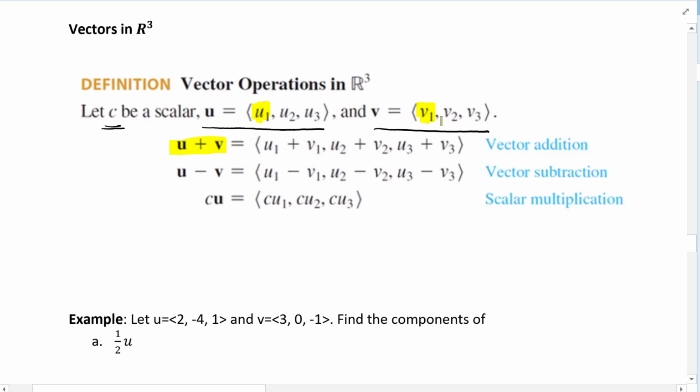So you add the u1 with v1, u2, the numbers on the second position together, and the ones on the third position together. If you want to subtract them, you subtract the first ones, u1 minus v1, u2 minus v2, u3 minus v3, and if you have to multiply by the scalar, you multiply each component.